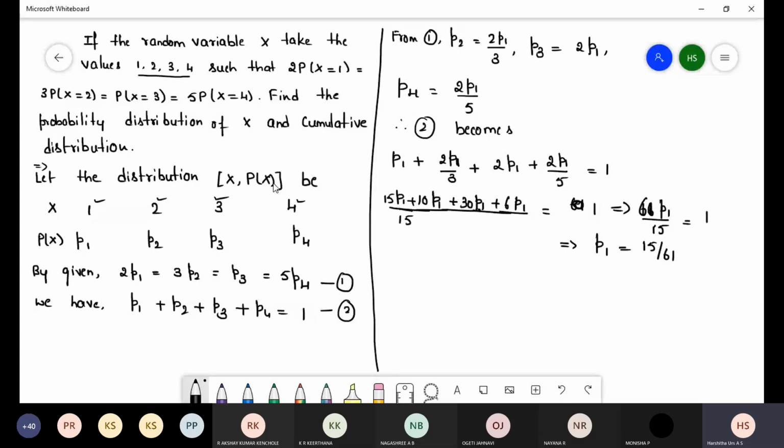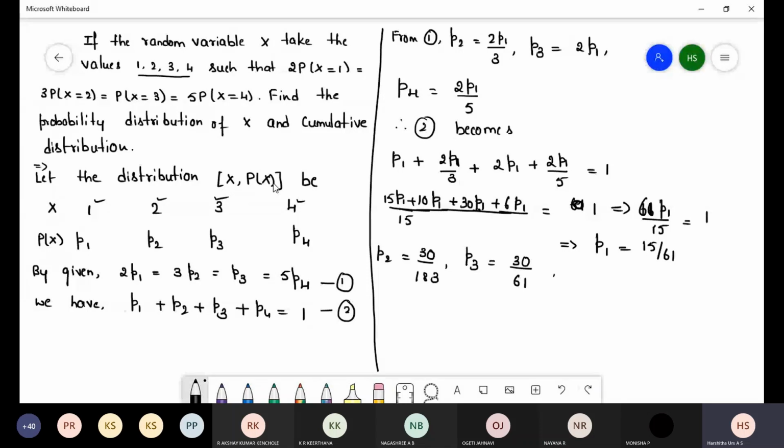If P1 is equal to 15 by 61, substitute for P2. P2 is equal to 30 divided by 305, so we get 10 by 61. Next, P3, 30 divided by 61.